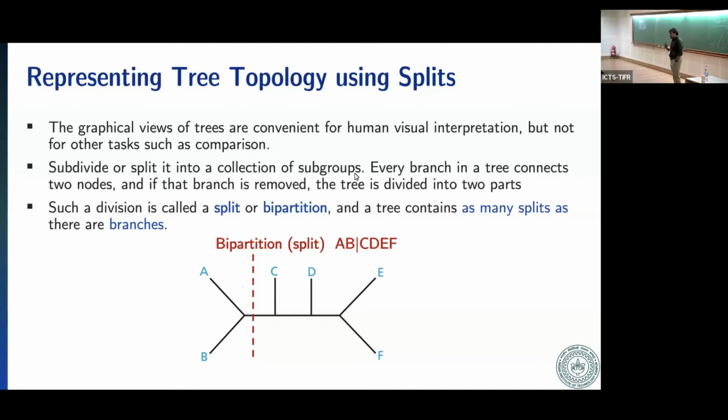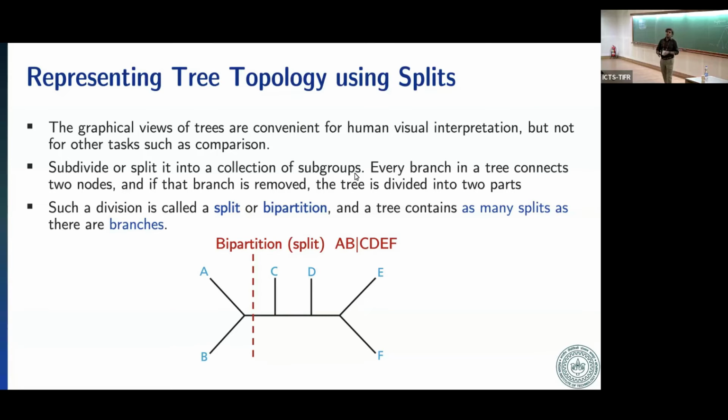Okay, so the way you represent a phylogenetic tree is in terms of splits or bipartitions. Okay, what is it? Basically, a split is going to divide the set of taxa into two different collections of subgroups, let's say. Okay, so what you see is that every branch in the tree is connecting two sets of nodes.